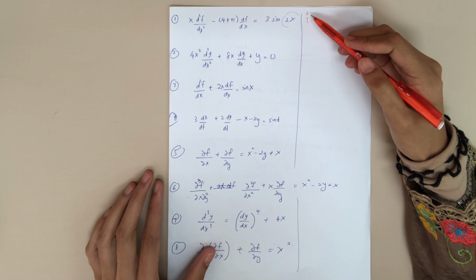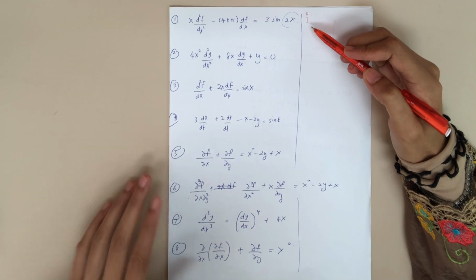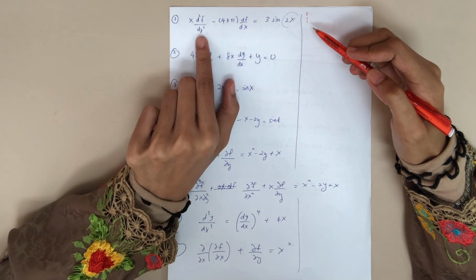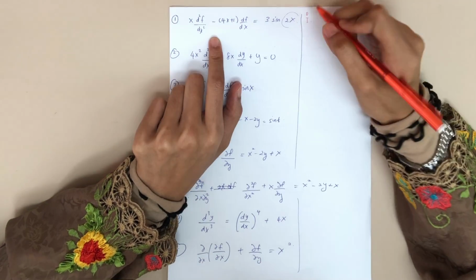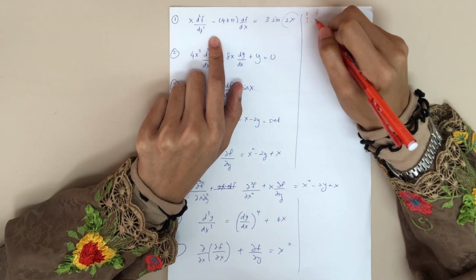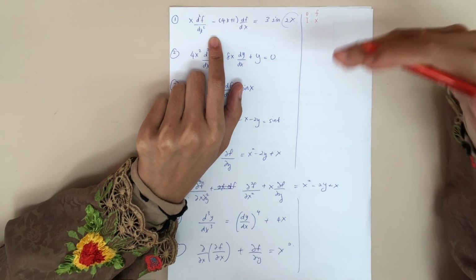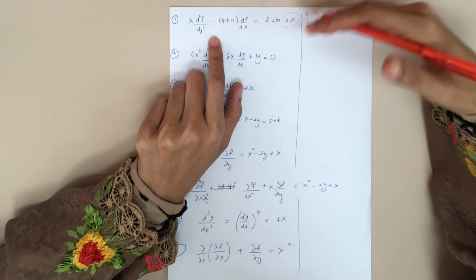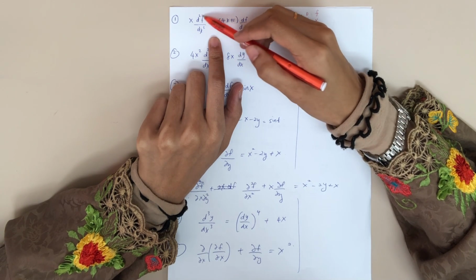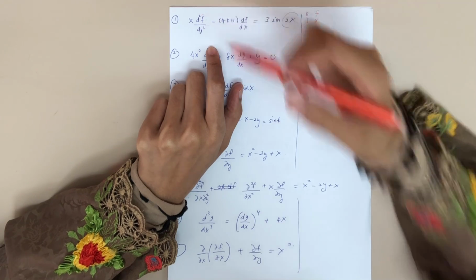Okay class, what is your dependent variable and what is your independent variable? So just write D and I. From this question, identify your dependent variable. This is F. What is your independent variable? X, right? As I said, the dependent variable is located at the top, the above side, and the independent is on the below side.